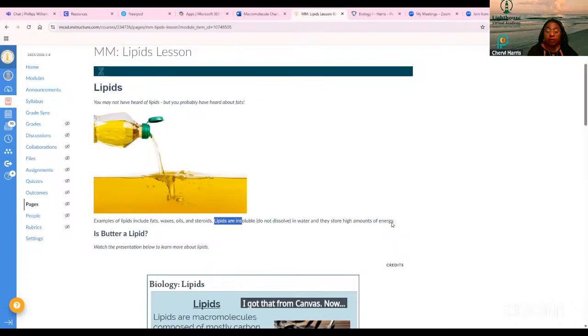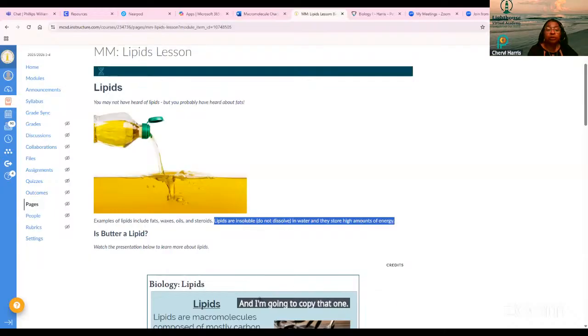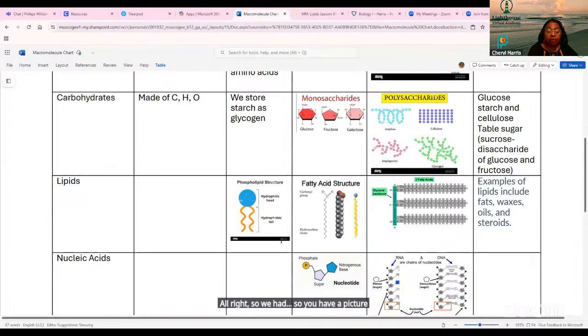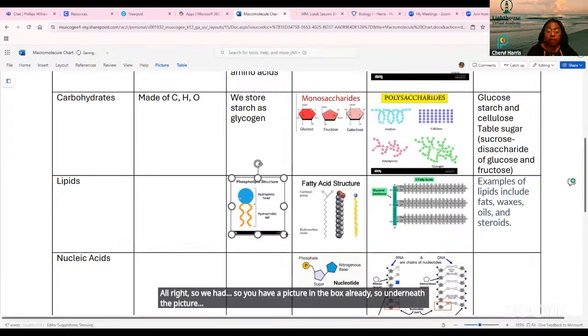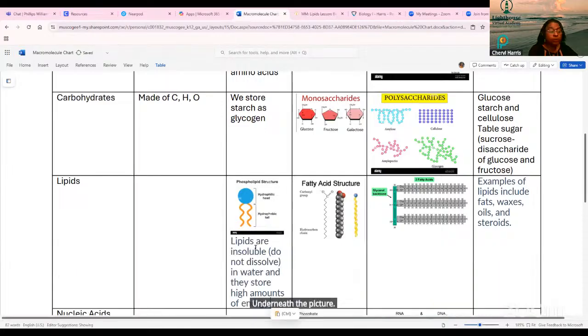One of the things that makes them interesting, I'm going to copy that one too, to help you. You have a picture in the box already. So underneath the picture, I'm going to put what they do.